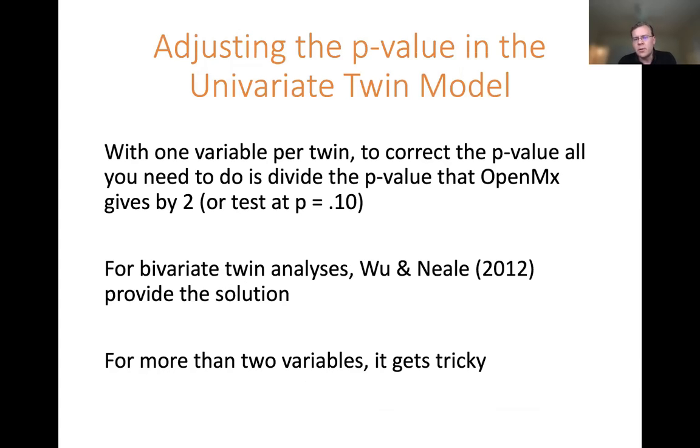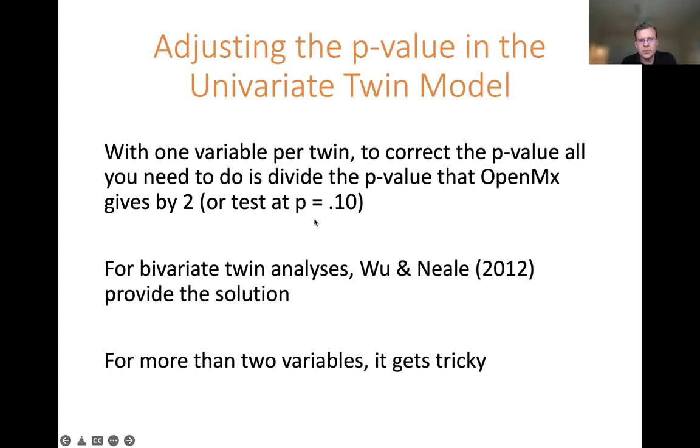They did figure out prior to our paper here, especially in a really creative paper by Hao Wu and Mike Neale in 2012, that basically for a univariate twin model, so 2 variables, 1 variable per twin, the p-value that OpenMx gives can be divided by 2.